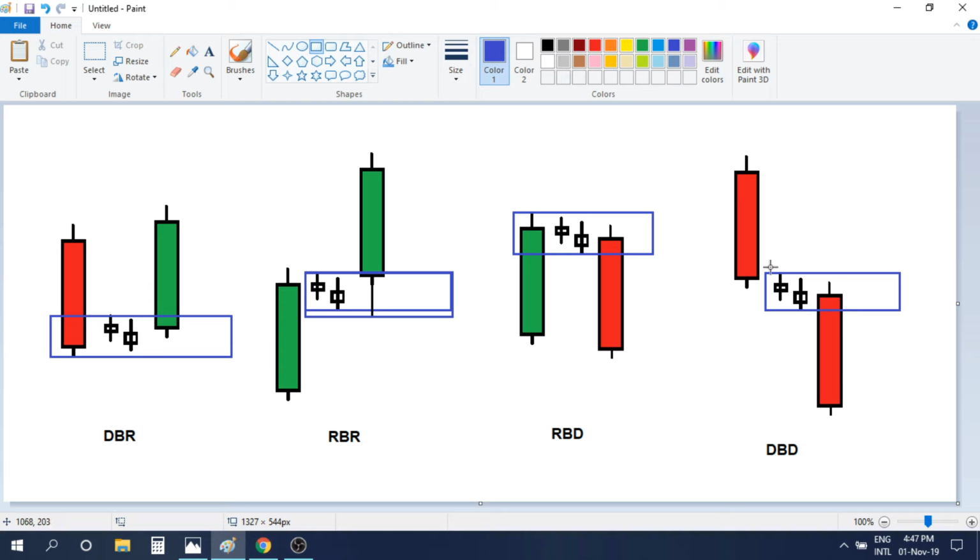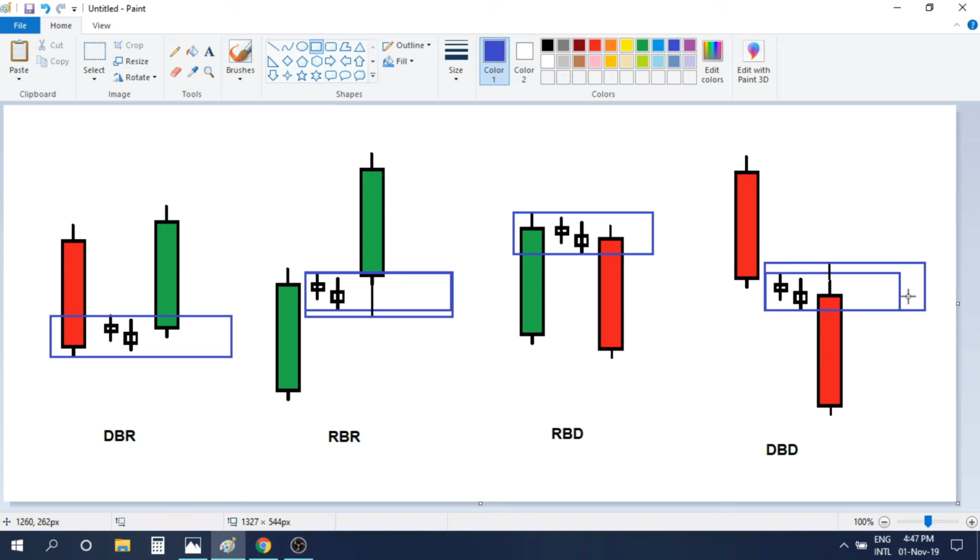But this is a non-exceptional case. Exceptional case would have been if the wick of this candle would have been above this height, like this. So in that case, we would mark the zone factoring in this highest point. This would remain same, the lower portion.